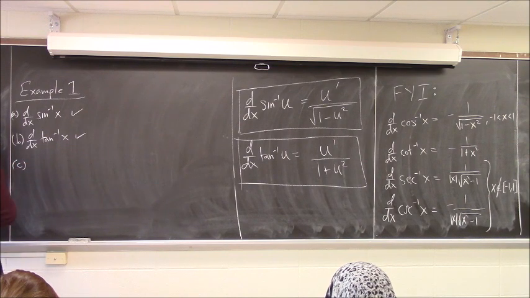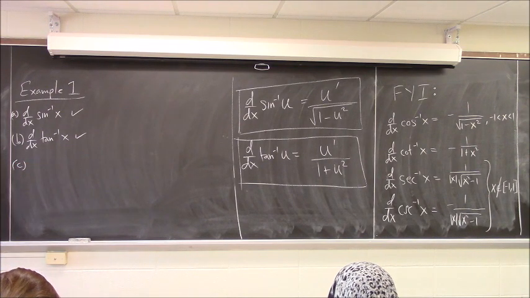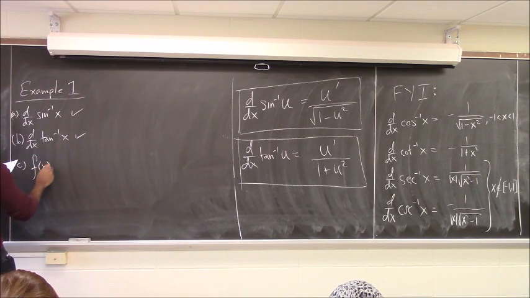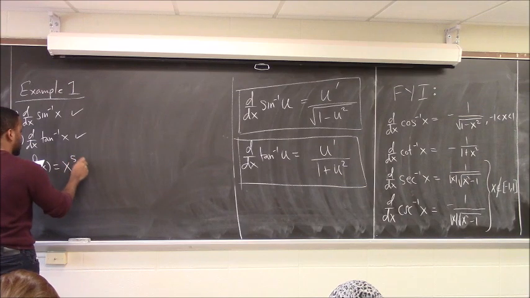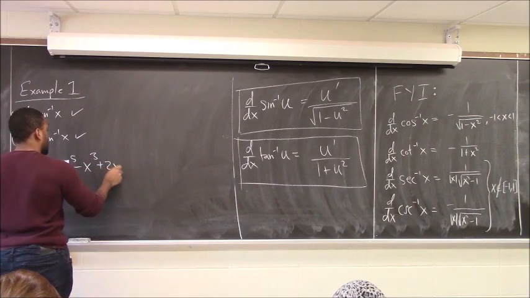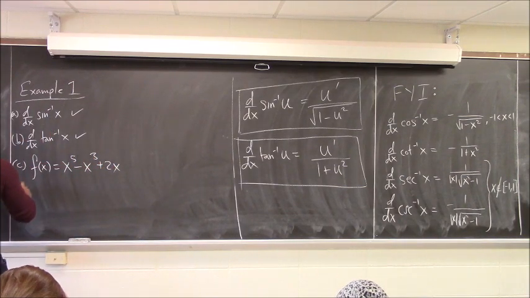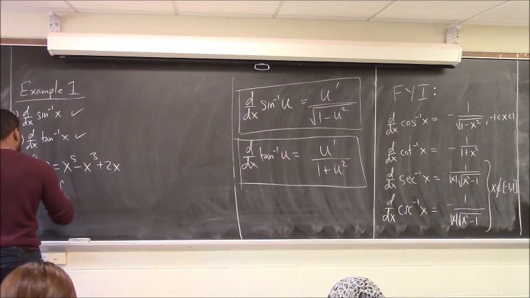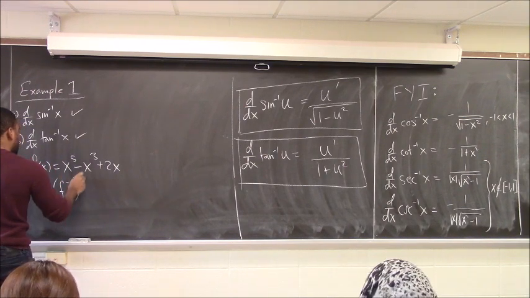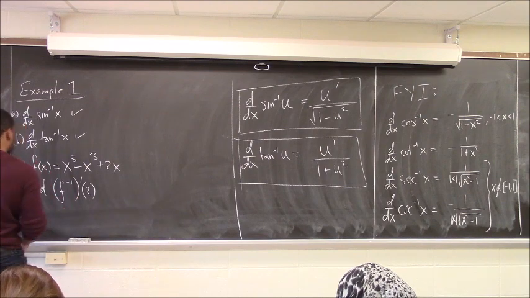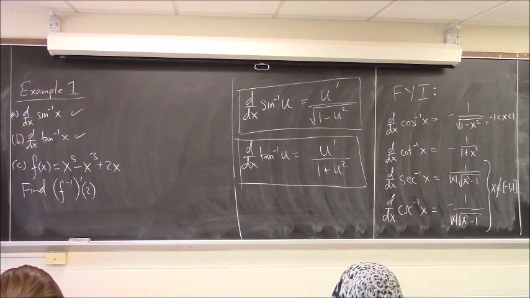And C, we had another situation. So assuming we had a function that was this type, we want to find the derivative of the inverse function evaluated at the point 2. We got some more examples, but let's deal with this one first.